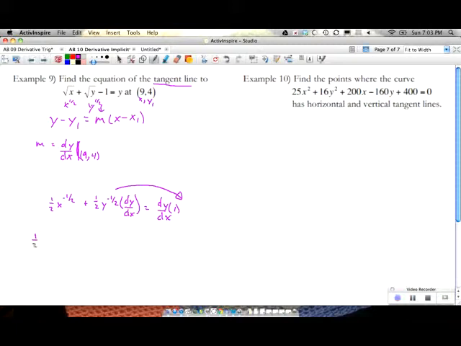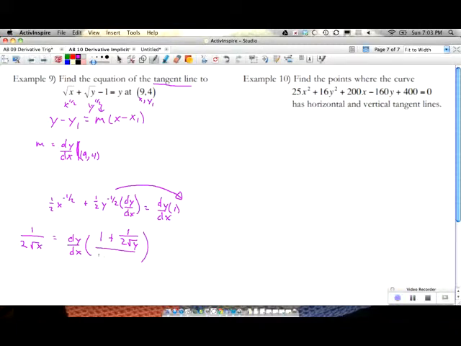That means I'll have 1/2 x to the negative 1/2, or, let's go ahead and simplify it. That would be 1 over 2 square root x. Now after I move that piece over, we'll have dy/dx times 1 plus, now this term is going to be similar where it's 1 over 2 square root y.